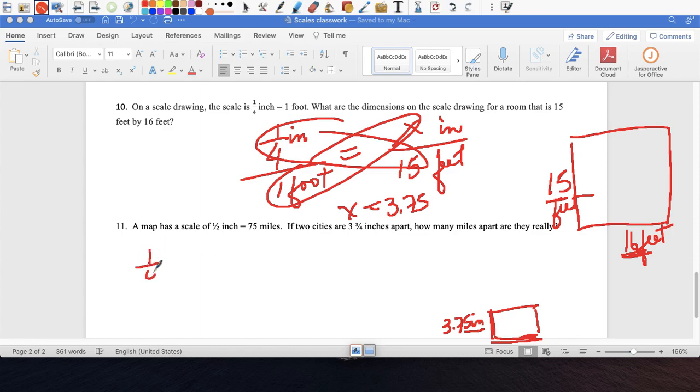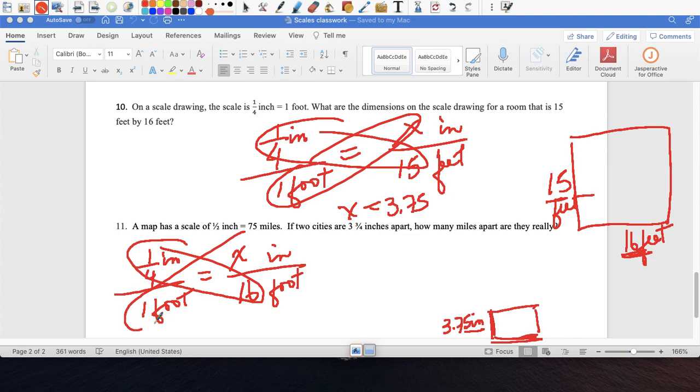Again, same scale, 1/4 inch is equal to 1 foot. On the other side, inches on top, feet at the bottom. So we have 16 feet now, and we want to know what that equals on my drawing. Cross multiply again. 1 times x is x, and what's 1/4 of 16? 1/4 of 16 is just 4, so this one's easy. So this is 4 inches. Do we want the area? No, we don't.